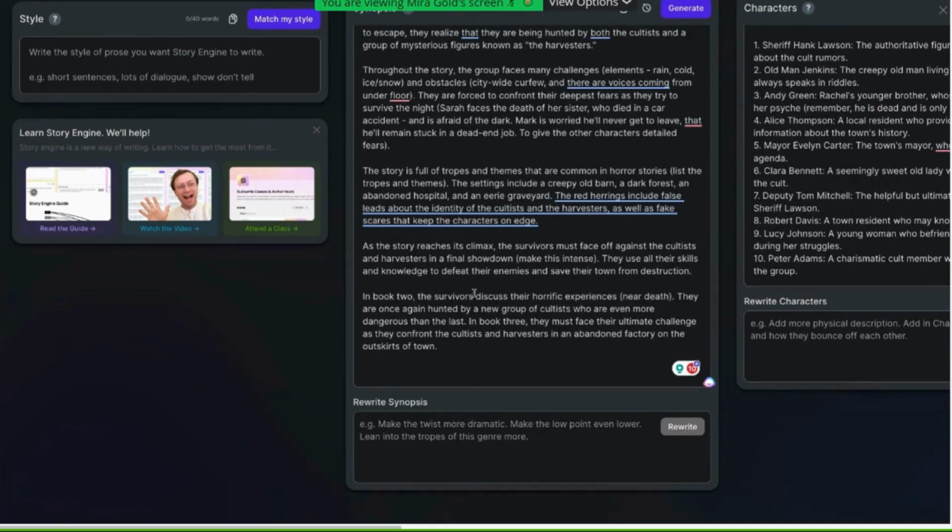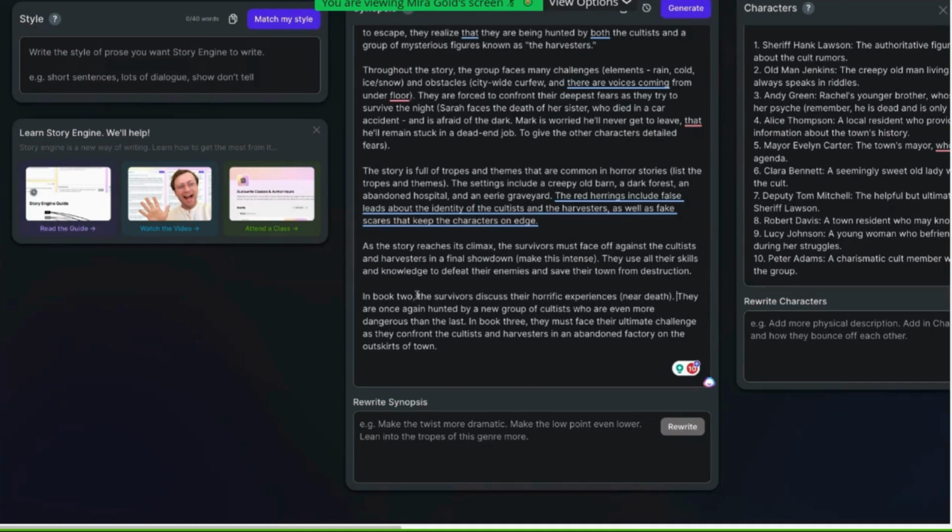This is still vague, but we want them to continue along the line of discussing what has happened. They are once again hunted by a group of cultists. So right here, we're saying in book 2, the survivors discuss their horrific experience near death. They are once again hunted by a new group of cultists.